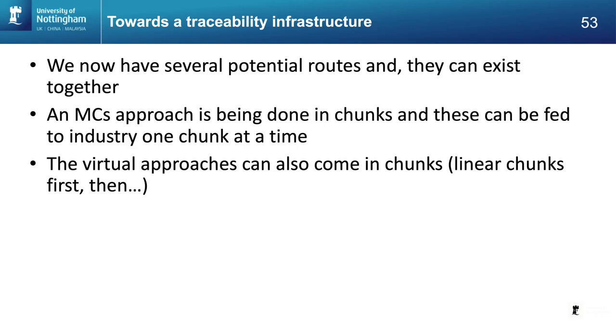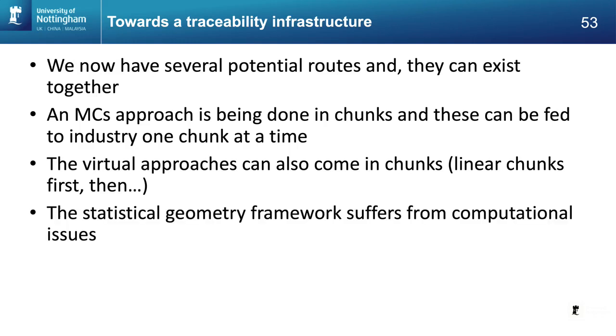The virtual instrument approaches can also come in chunks. We can do the linear work first, and that's what we've done. We're just about to publish, hopefully, on the first ever linear CSI virtual model. We will then publish the rigorous model in the future.